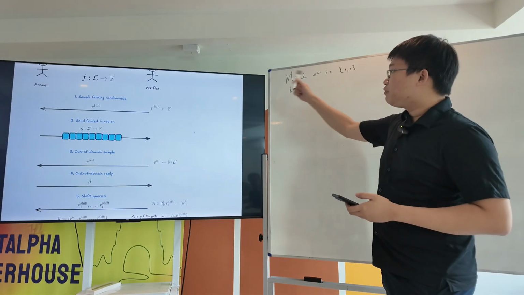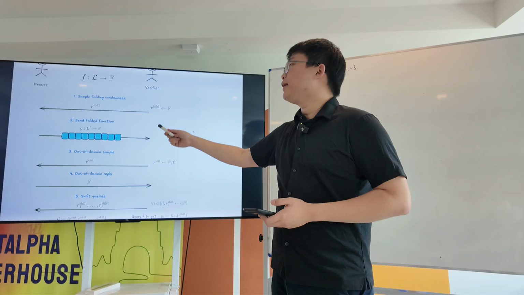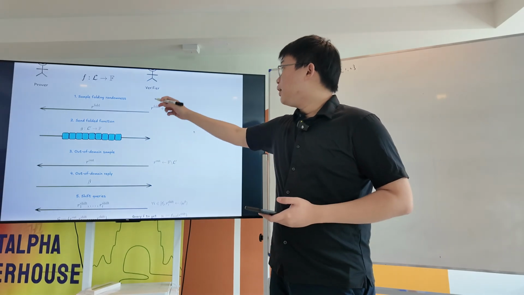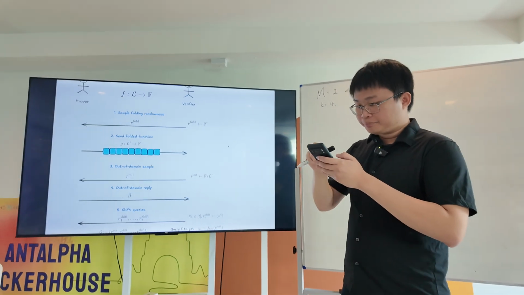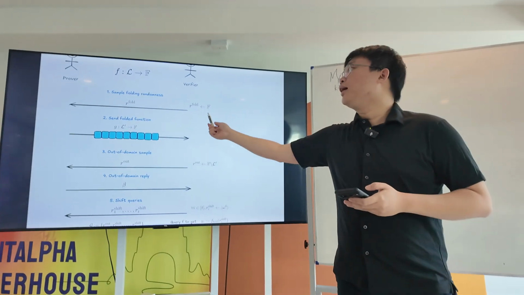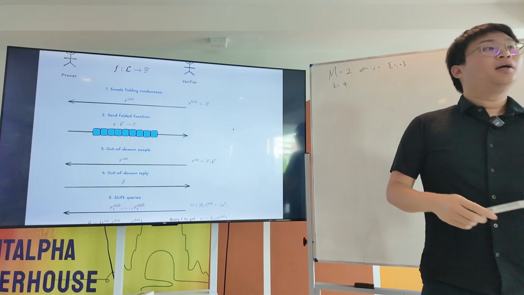First of all, we start off by sampling a folding randomness. The verifier sends over r_fold in this case, and with this, the prover can now perform folding.